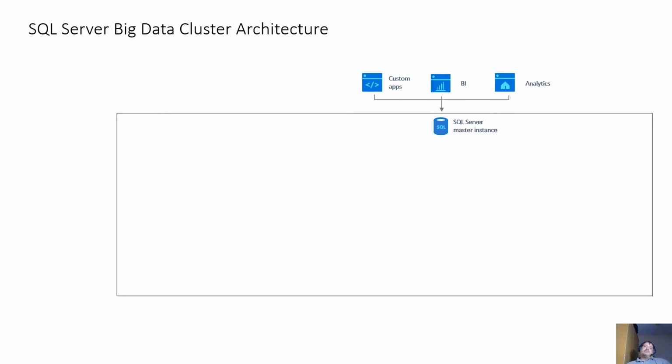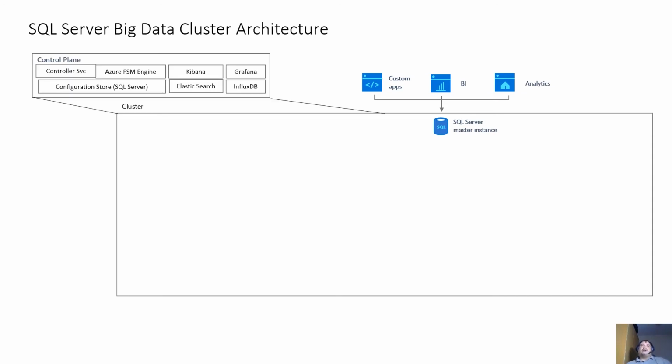Outside this set of pieces, we have a set of control tools. Some of them may be well known by you, some may be new. We call this environment a control plane. This control plane controls and monitors the cluster itself.